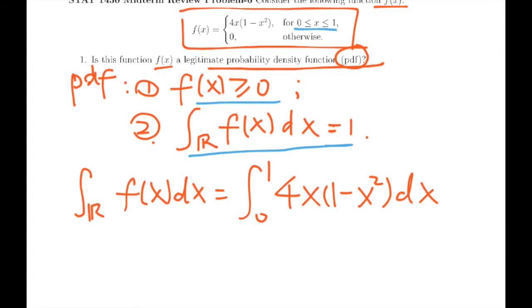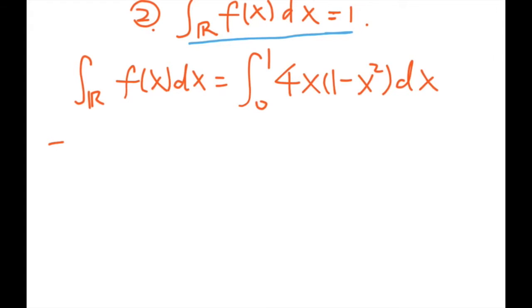That is this. And then it is a matter of integration. We can first multiply the 4x into the parentheses. That is, we have 4x minus 4 times x cubed dx.